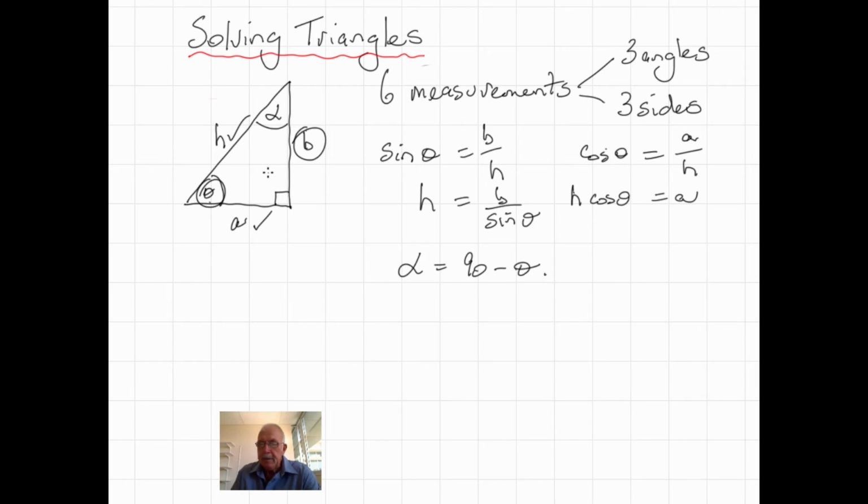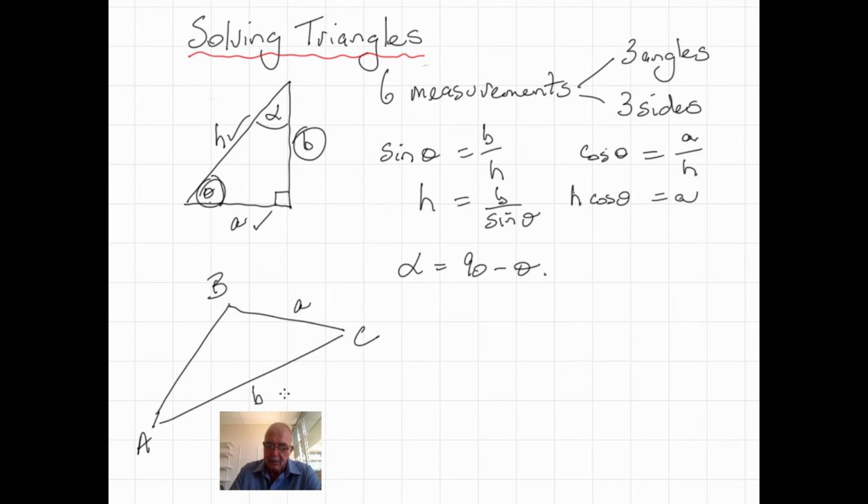All right, so that's when you've got a right angle triangle. When you don't have a right angle triangle, we'll call this A, and this B, and this C. Using the conventions from before, the sides opposite are the lower case.